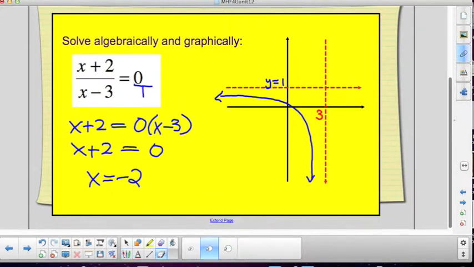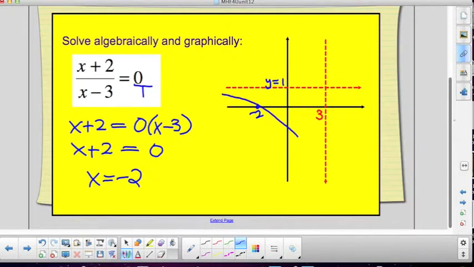Okay, hold on, but I drew my graph wrong as well, because the coordinate that you're solving for, x is equal to -2, has to be a part of your graph. So you're going to draw something that looks like this. We're going to identify that there is a vertical asymptote and a horizontal asymptote. What is the name of our vertical asymptote going to be?